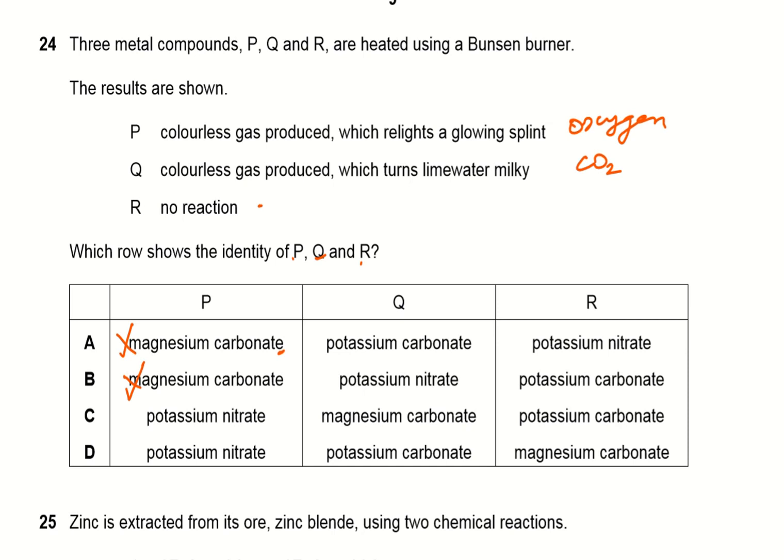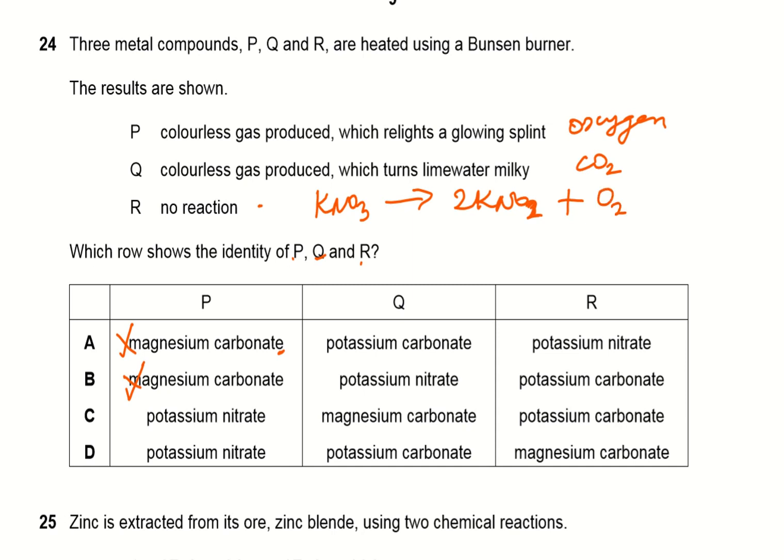Potassium nitrate. You need to understand the decomposition of metal compounds. When nitrates of reactive metals decompose, potassium for example, when nitrate of potassium decomposes, it is going to form potassium nitrite plus oxygen. That's what will be formed.